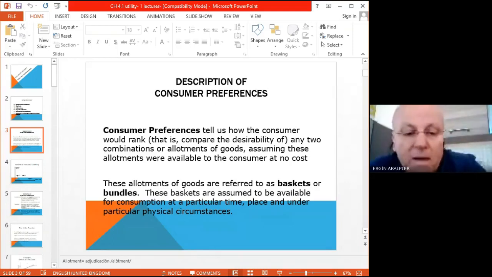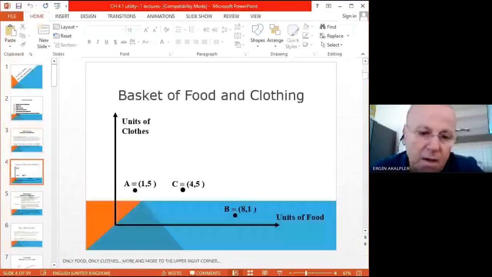You understand? I have here the combination of, again, clothes and food, and there are three different preferences, given on points A, C, and B, where A is illustrated at 1 to 5 between units of clothes and units of food, and then C, where the units of clothes is 4 and units of food is 5, and B, where the units of clothes is 8 and units of food is 1.